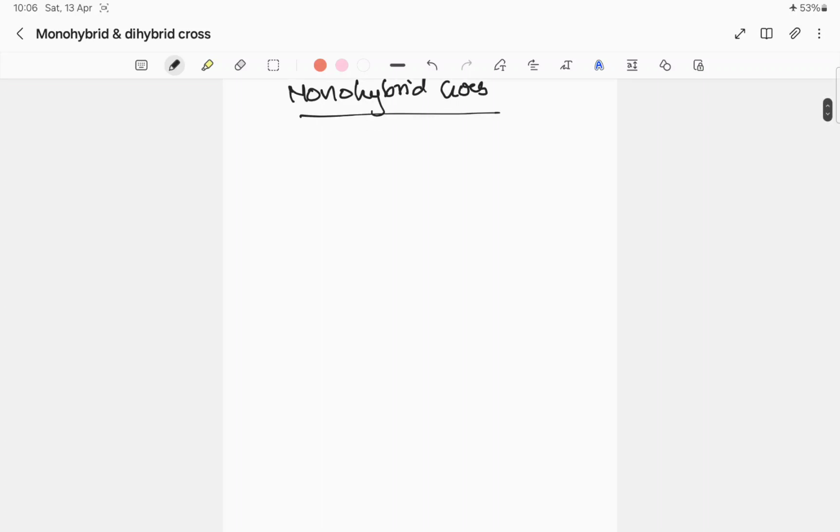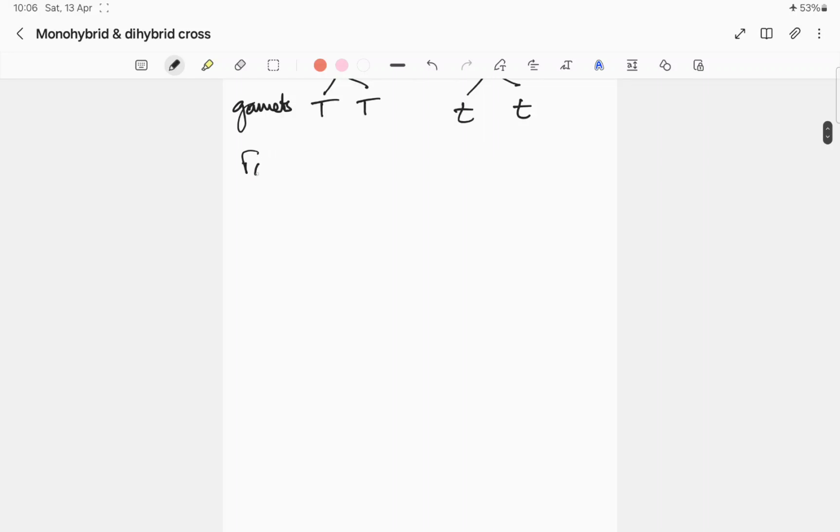Okay, here we have taken two diversely homozygous parents. Okay, the gametes will be capital T and small t, and in the F1 generation this will be capital T, small t.